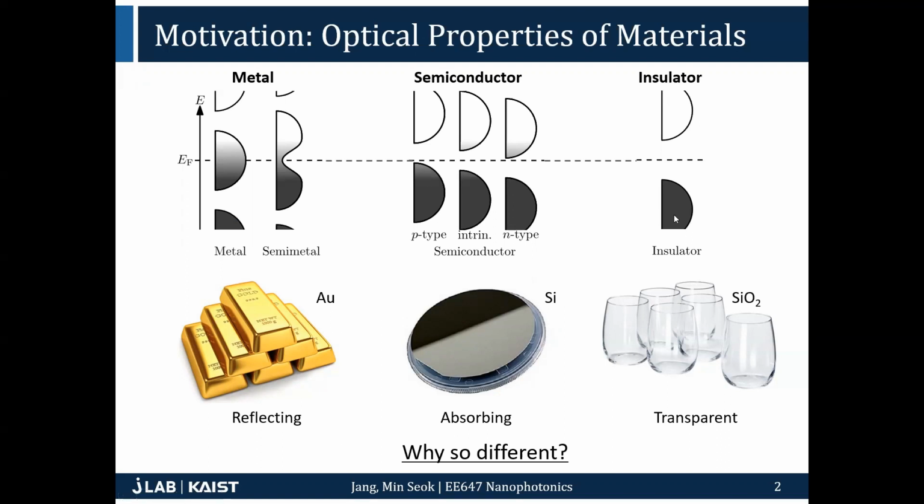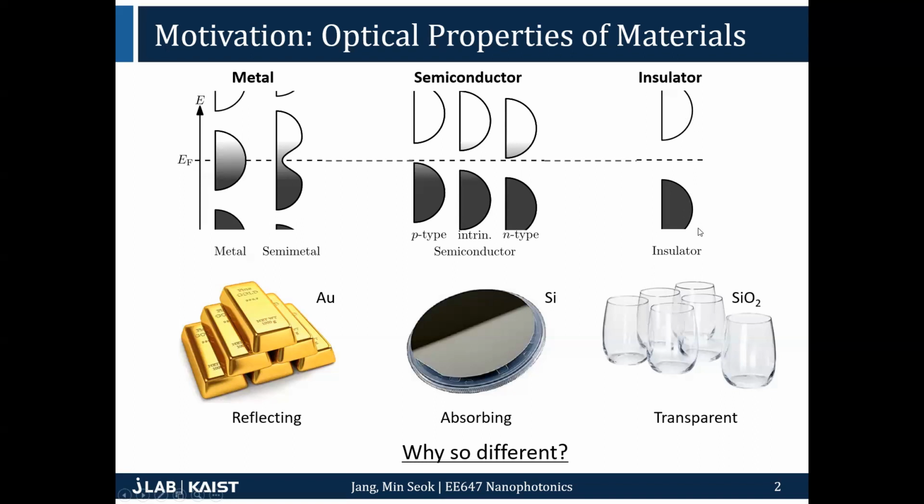And we want to understand this in connection with their electronic properties, and they are highly related. Metals are reflecting because they have free electrons. Semiconductors are absorbing because they have an appropriate amount of band gap. And the insulators are transparent because they have a huge band gap.